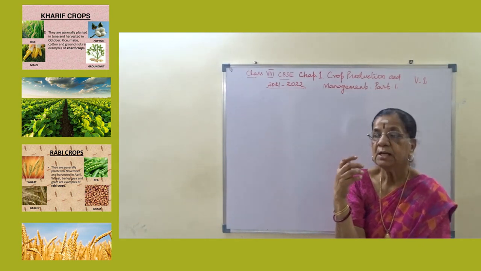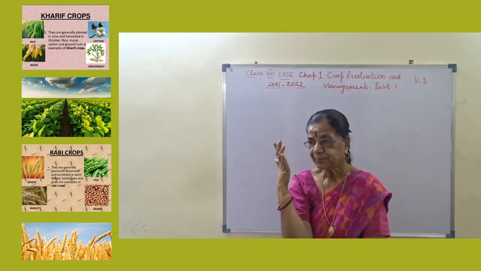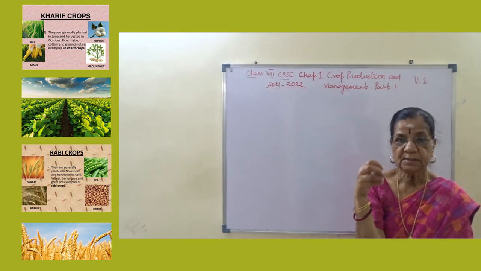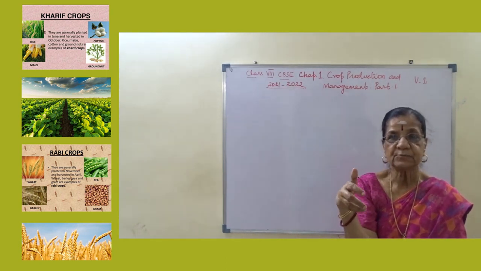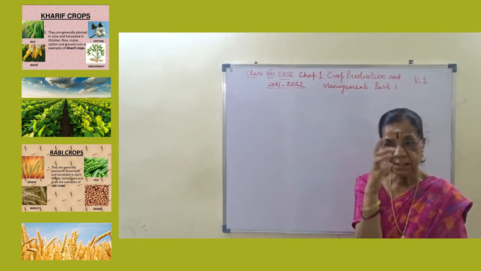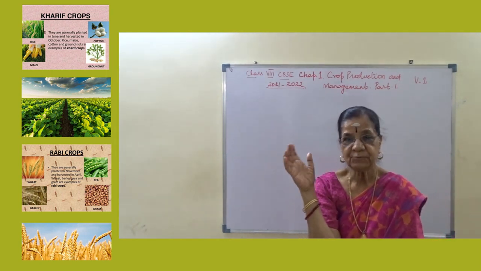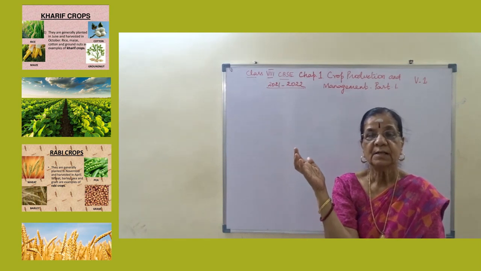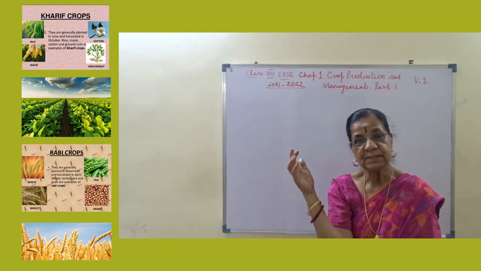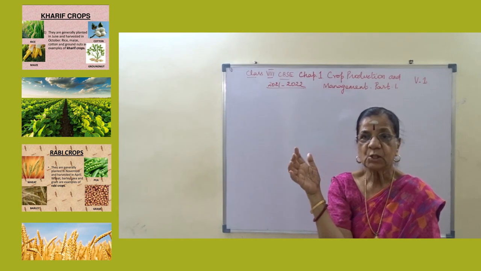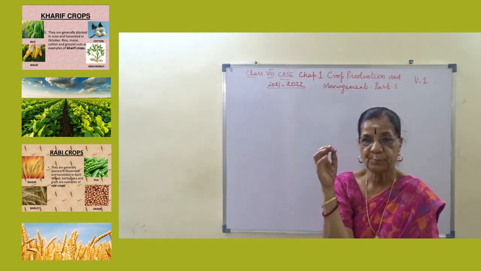Suppose, for example, summer vacation is fast approaching, yeah? In and around our school campus we find so many paddy fields. Beyond a railway track, we find a paddy field. They are all actually paddy crop.